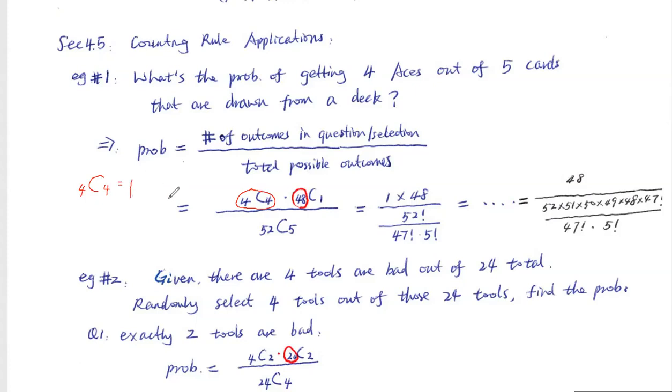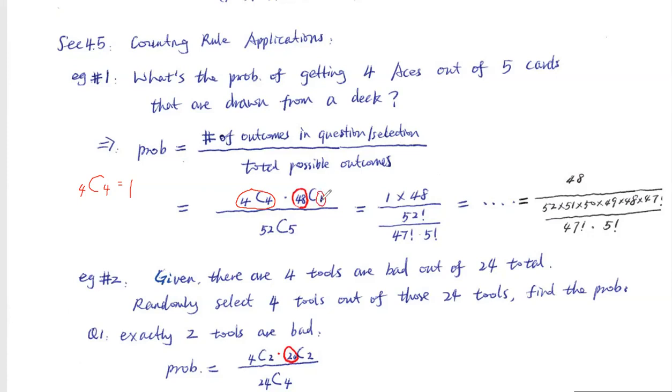I know this might sound a little redundant, but on the 4C4, the right hand and the left hand, which one is the quantity of the cards, and which one is the card letter A, aces? Good question. We always write the subset, the ones that we want to select, here.